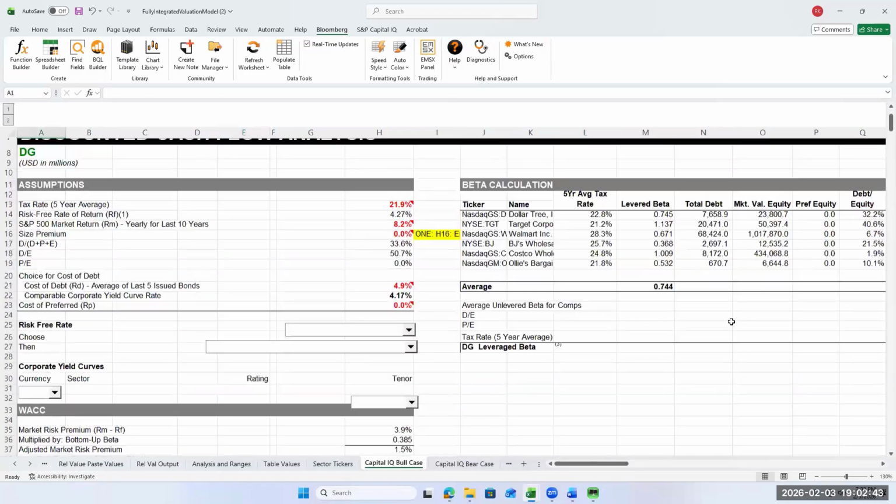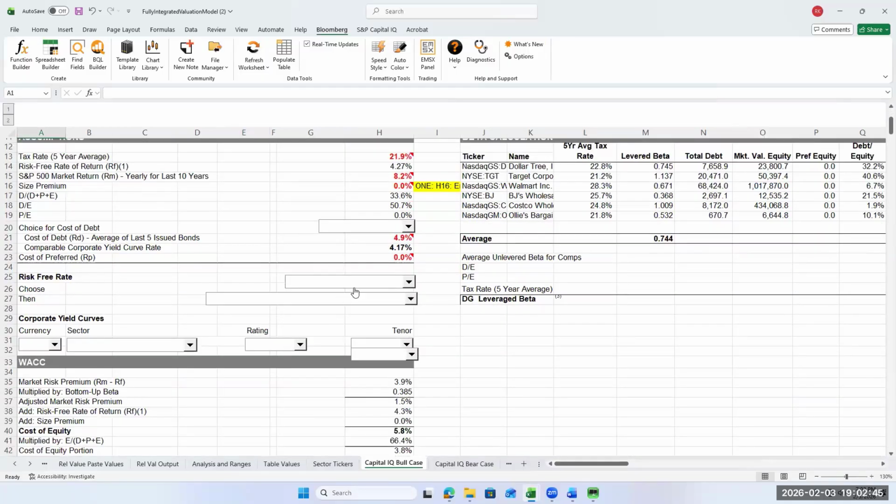The one issue I have had with this model is line H21, or I'm sorry, H22, the cost of debt sometimes comes in as NA. If you have that problem, you can get the cost of debt from Bloomberg. You just type your company and type WACC, W-A-C-C, and it will give you a cost of debt that you can plug in there.